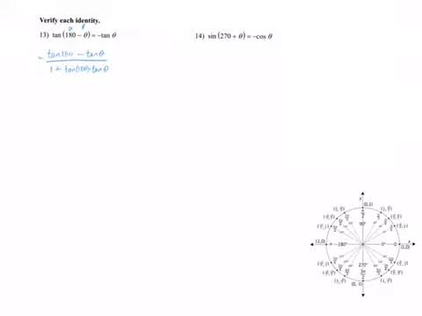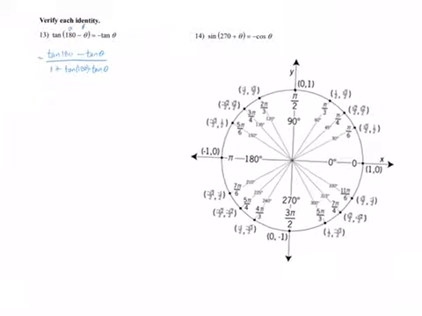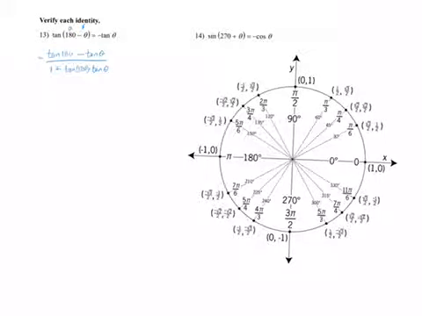Well, if we look at tangent of 180, remember that's sine over cosine, so tangent of 180 degrees is going to equal 0 over -1, which is equal to 0.